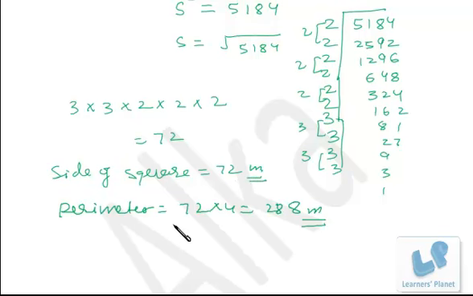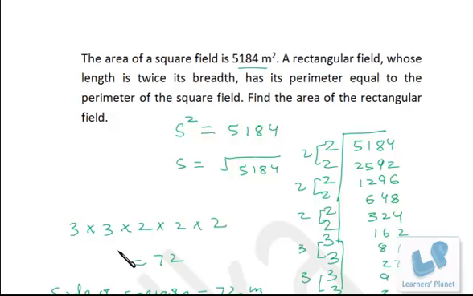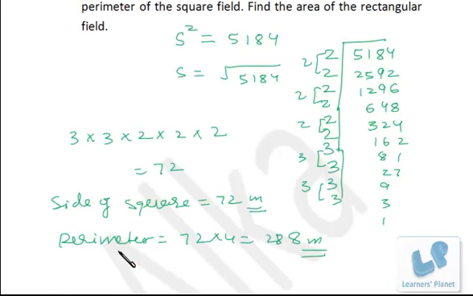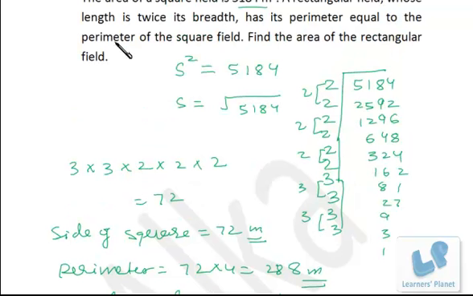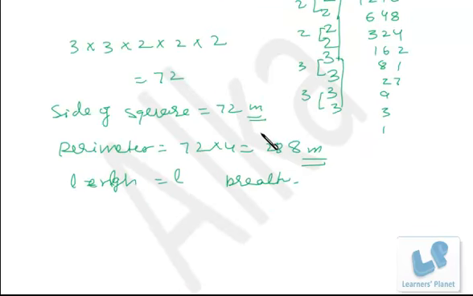Now this is the perimeter of the rectangular field too. In the case of the rectangular field, it is given that the length is twice its breadth, right? I assume the length of the rectangle is L, so the breadth is L by 2.